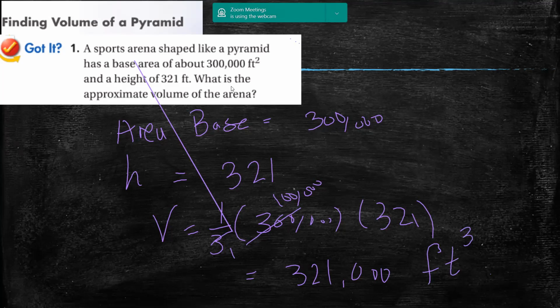This will be the volume of the pyramid. So for this problem, the area of the base is known and the height is known, so it's easy for me to find the volume of the pyramid.